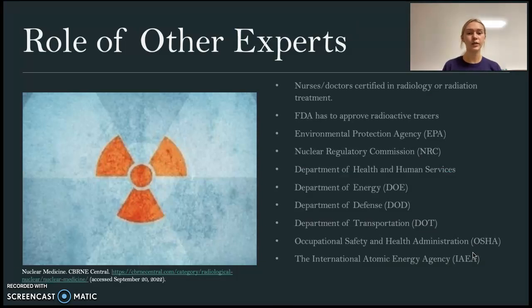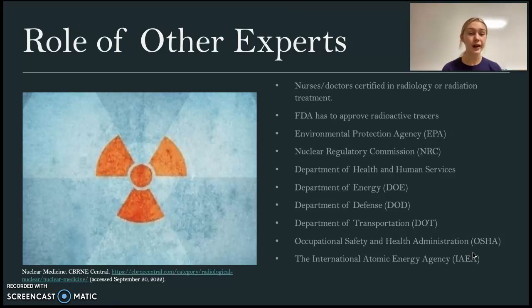Roles of other experts. There are many experts involved in nuclear medicine. So for one, you have the nurses and doctors certified in radiology and radiation treatment. The FDA does have to approve every single radioactive tracer.